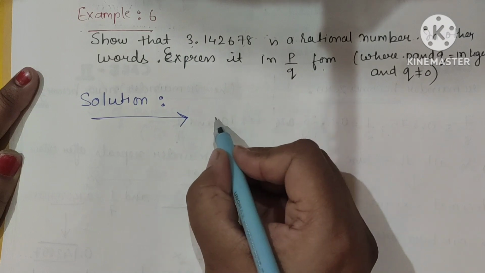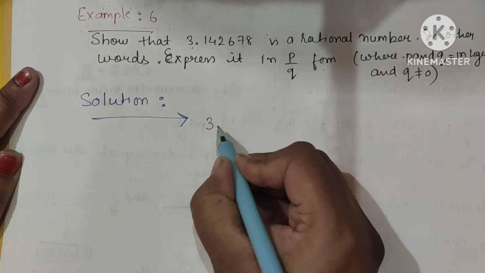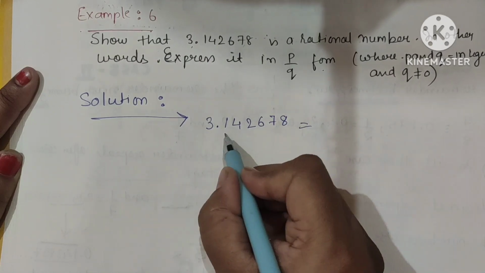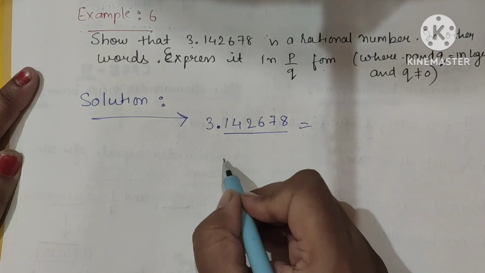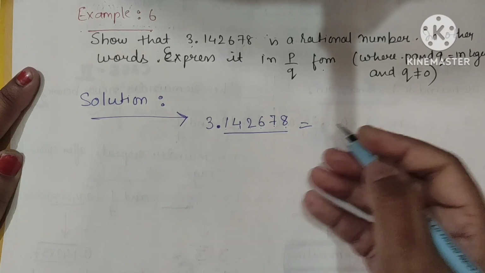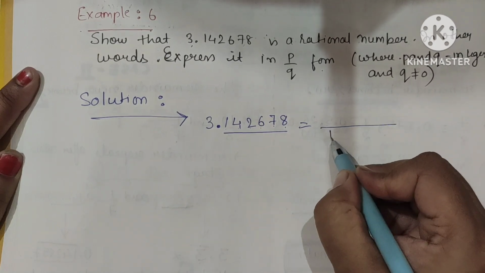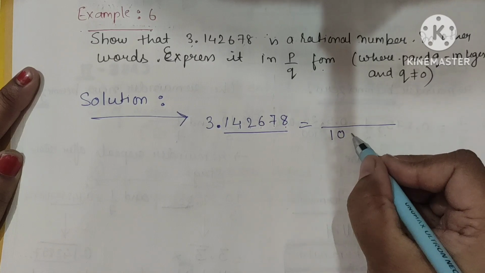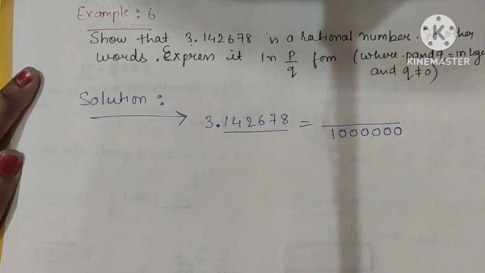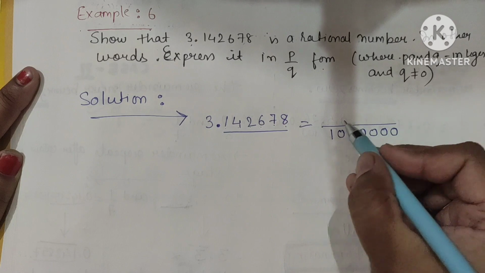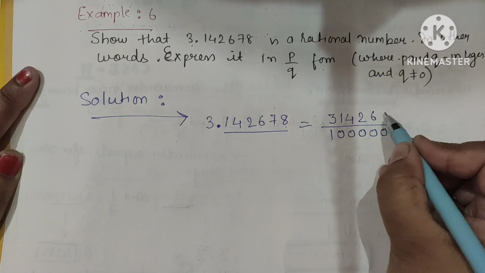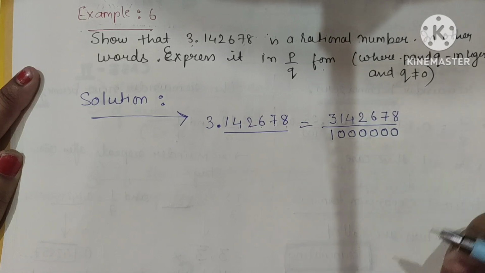Simple. First we are going to take the number 3.142678. How many digits after the decimal? First count it. 1, 2, 3, 4, 5, 6. So you are going to divide it by 1 followed by 6 zeros, and then you write the number simply in the numerator.